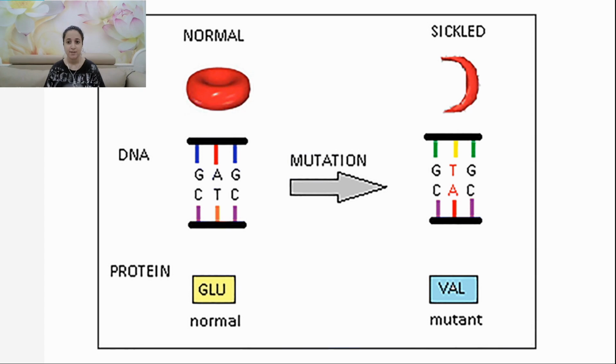Whereas in the second case, just the replacement of A with T, which gives rise to GTC, produces a completely different amino acid, which is valine, which changes the configuration of the protein produced completely. And this different protein which is produced is the reason why the hemoglobin inside the RBC of our bodies tends to sickle.